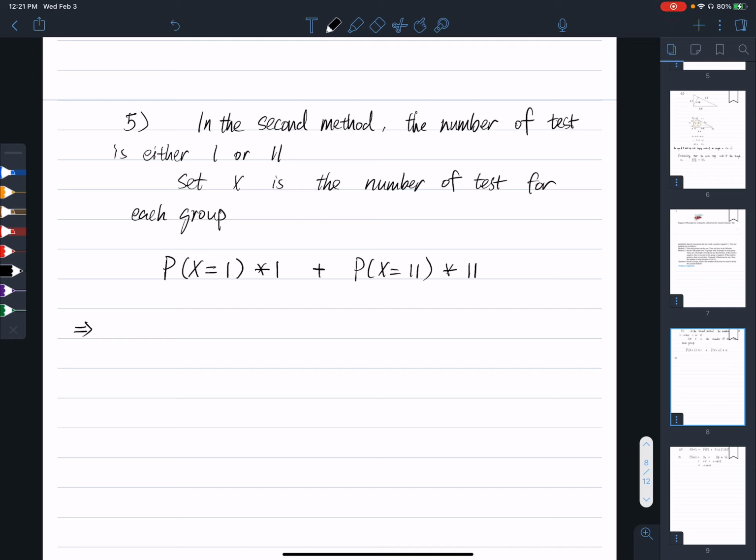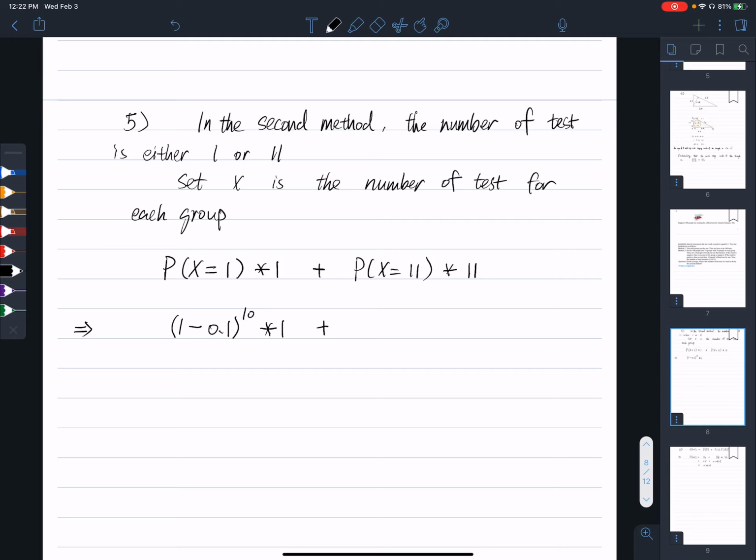The probability of a positive result is 0.1, so the negative probability for each person is 1 minus 0.1. And we need all 10 people in that group to have negative results. So the probability we only need to do one test is that all the people in the group get a negative result, and we only need to do one test.